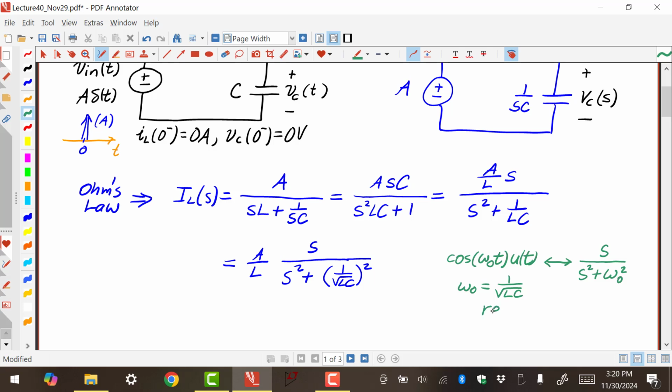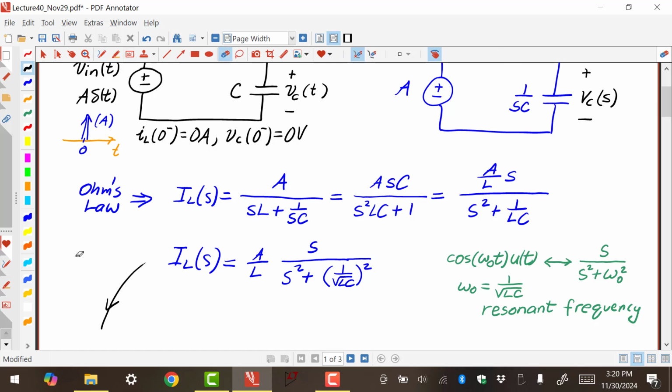This is called the resonant frequency. So for our case, since this is our I_L(s), then our I_L(t), sorry, this is just the Laplace transform, right? It's just the inverse Laplace transform operation.